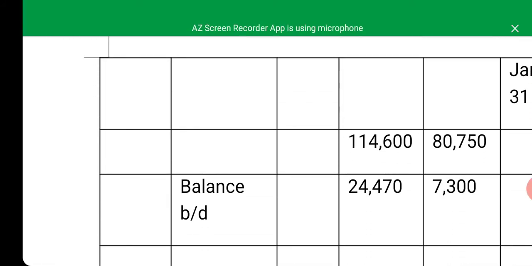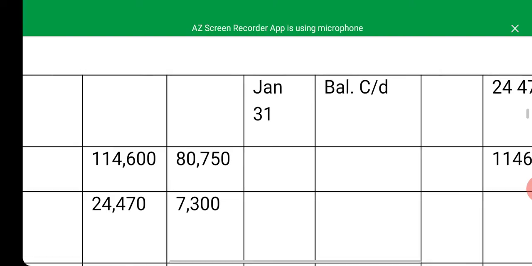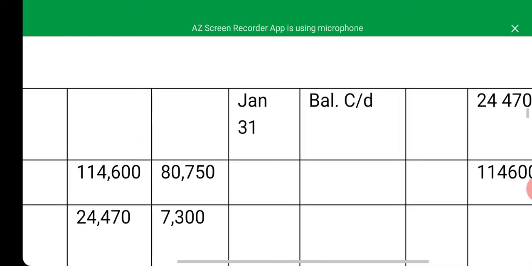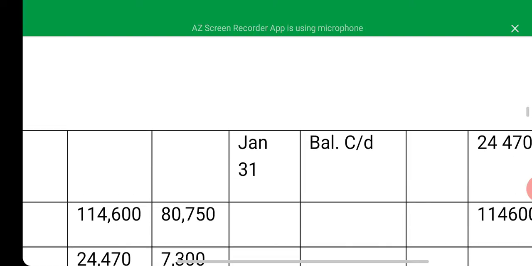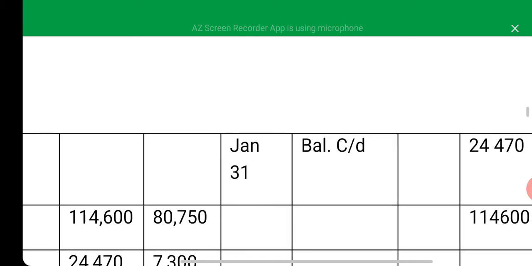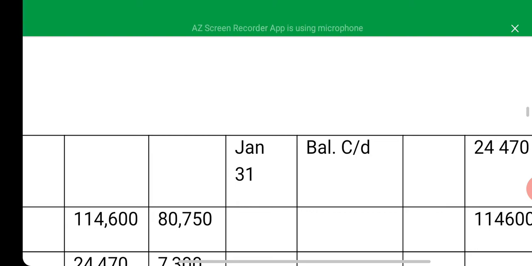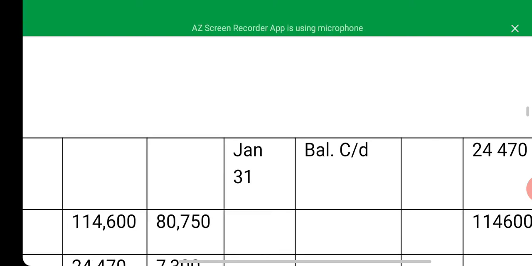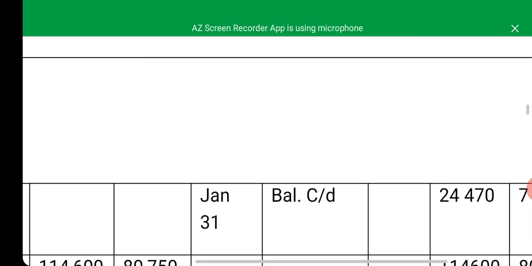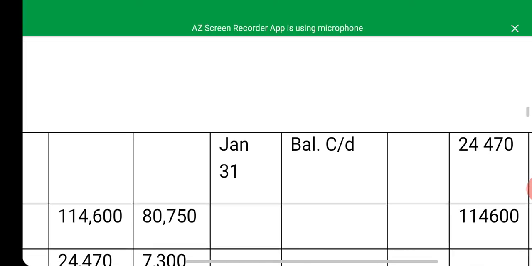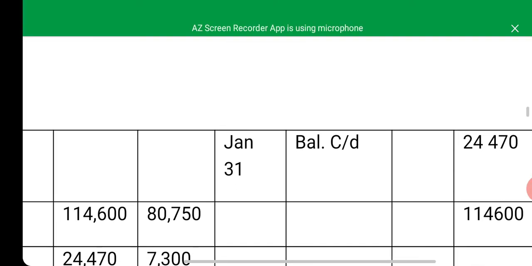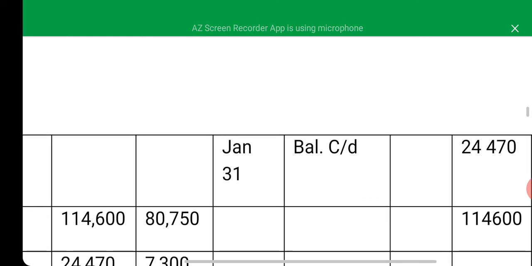So the next thing here is to find the balance carried down, as you are taught in the single column cash book, that for any organization that makes a profit, their income should be greater than the payment. So in this case, you find the total on the debit side, then find the total on the credit side of each account. Having the total of the cash account on the debit side, go to the credit side and find the total as well.